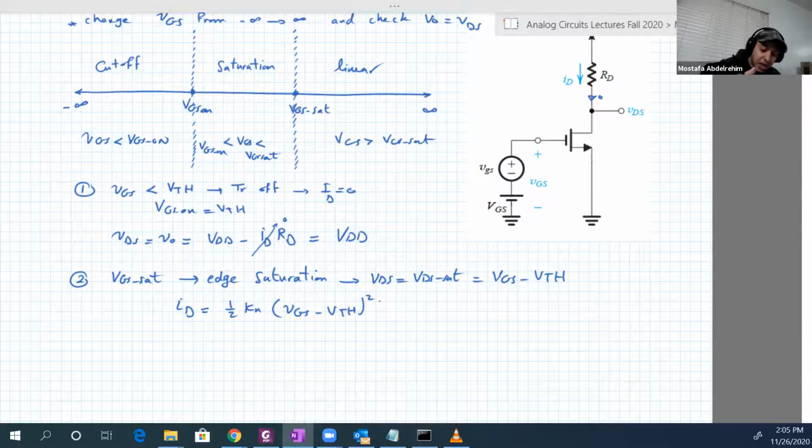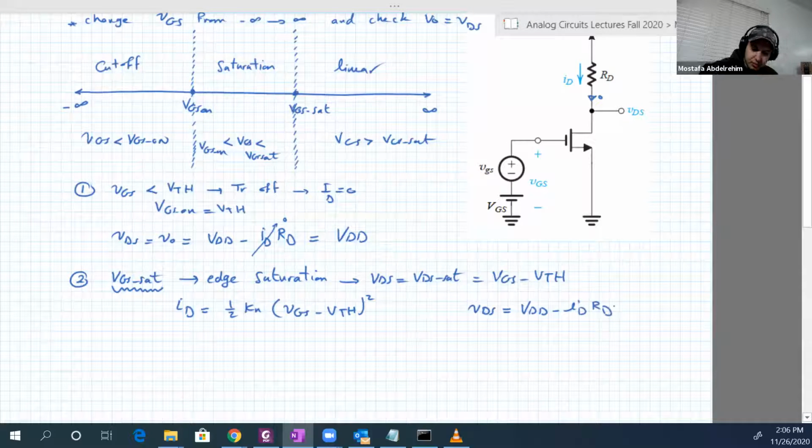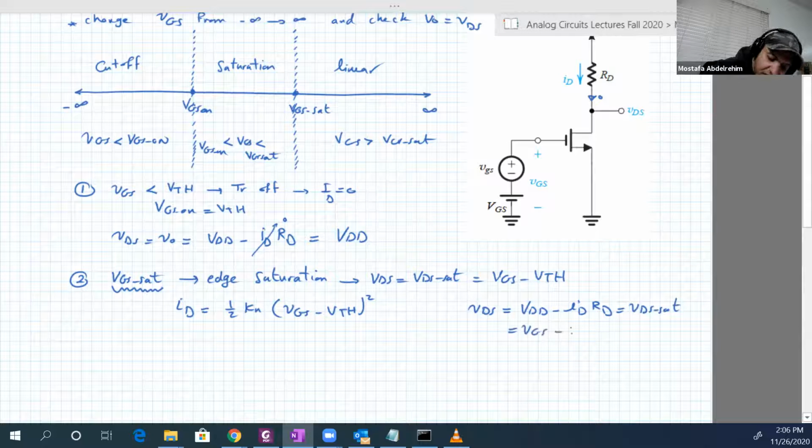Remember, we want now to find an equation for VGS set. We also know from the circuit that VDS is equal to VDD minus ID RD. And VDS at that point equals VDS set, which is equal to VGS minus V threshold.